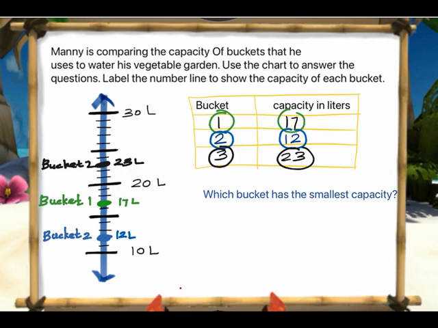Which bucket has the smallest capacity? To find which bucket has the smallest capacity, we can see the point that is plotted for bucket 2. The point is at 12 liters, because bucket 2 can hold a capacity of 12.